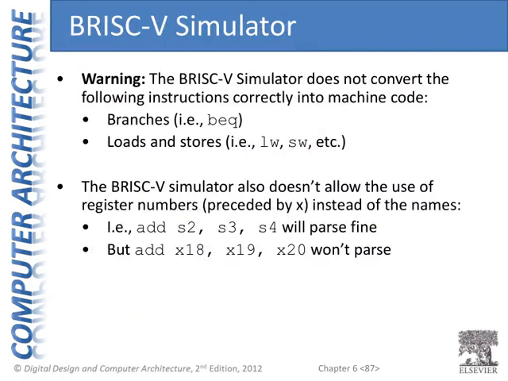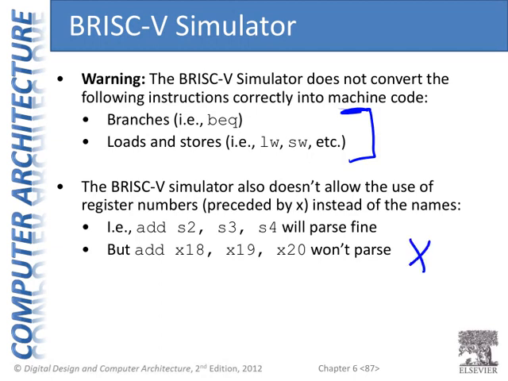But just a warning that the simulator does not convert the following instructions correctly into machine code: the branch if equal and the loads and stores. So load word, store word, load byte, store byte, load half. And it also doesn't allow you to use just the register numbers.